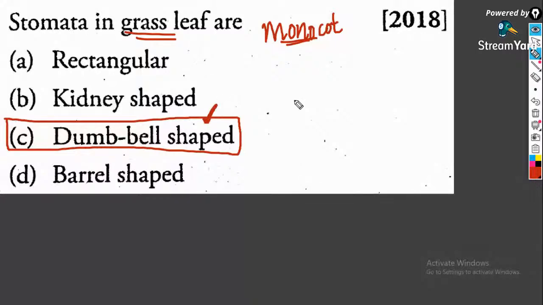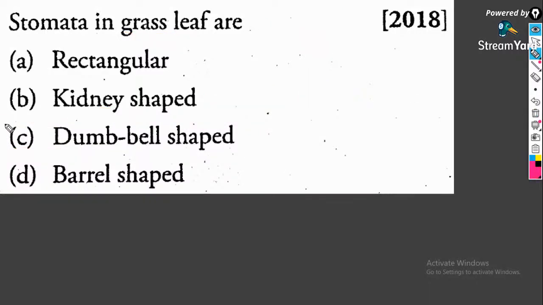But in case of dicot, what type of stomata? It is kidney shaped stomata in case of dicot plants. In case of dicot plants, you may see kidney shaped stomata, and in case of grasses, that is the monocots, you will see dumbbell shaped stomata. So the correct answer for the question is stomata in grass leaf is dumbbell shaped.